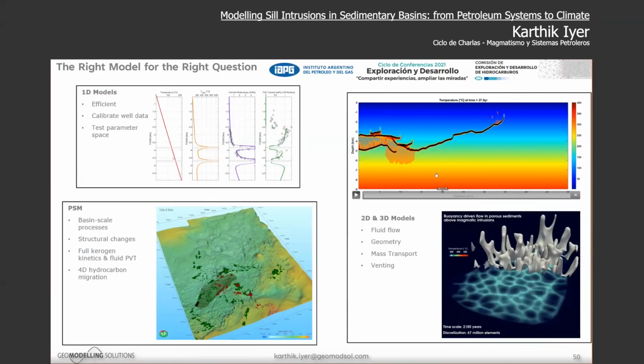But on the other hand, if there are clear expressions of fluid flow in the system, then we at least need to try to understand them and better incorporate them by either adding faults, pseudo faults in our basin models, or structural pathways that fluids can migrate through. But we need to get that understanding from 2D and 3D models, and then maybe incorporate that into basin scale models. But we really need to concentrate on figuring out the right model for the right question.